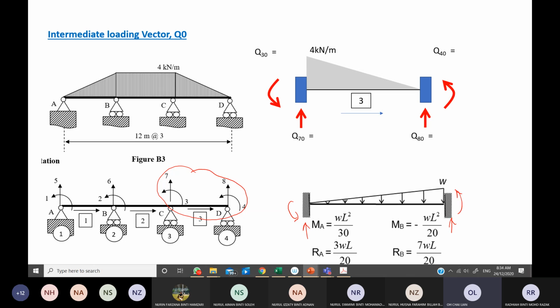What you can do is mirror this template so that the loading acts exactly like in your beam.